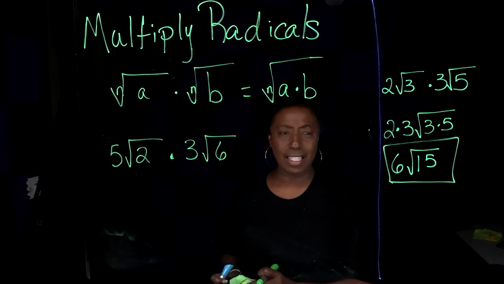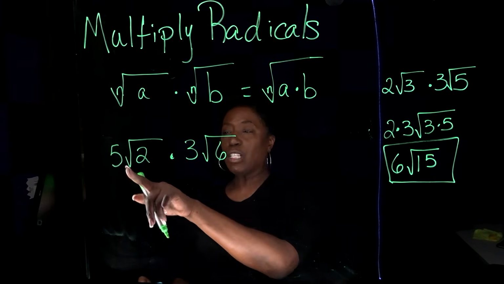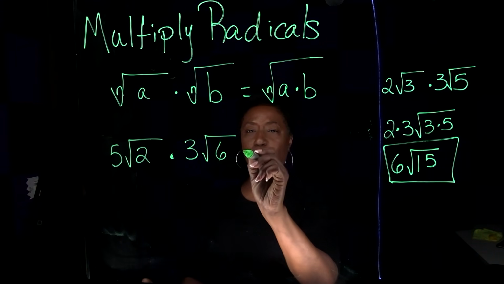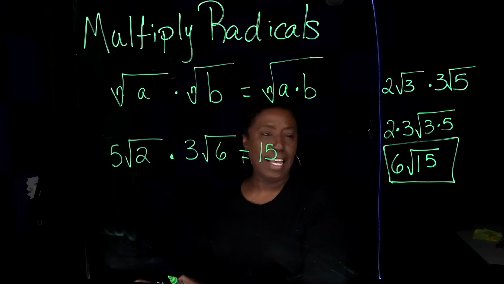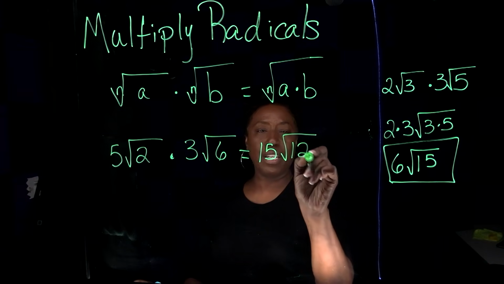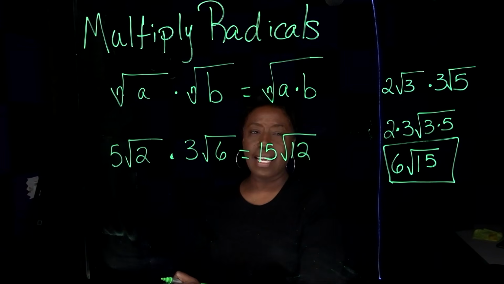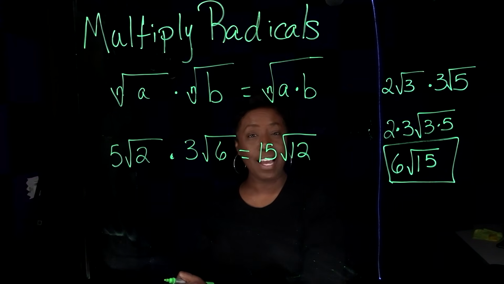And we're multiplying these radicals. Here again, index is the same. So we want to multiply 5 times 3, multiply what's in front, which is 15, and 2 times 6, which is what? 12. Now, square root of 12, that can be simplified because 12 has a perfect square factor.